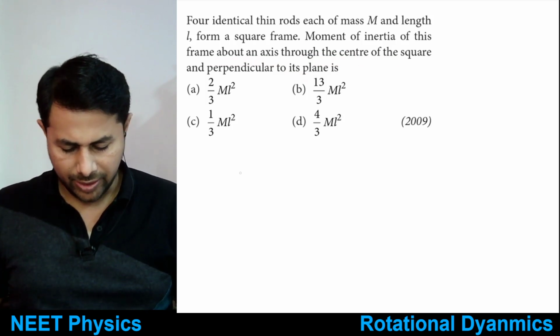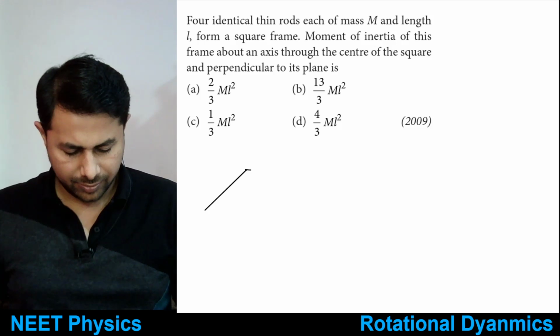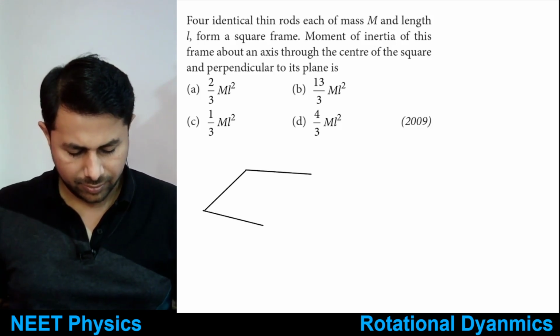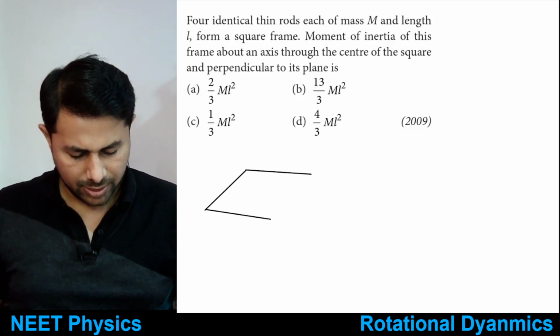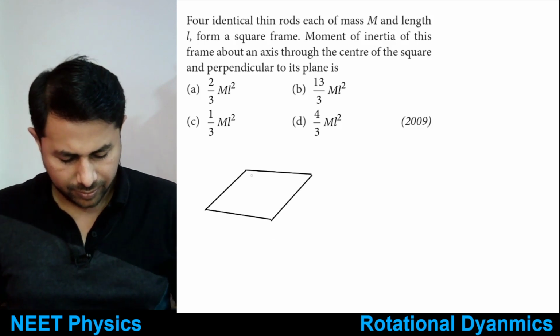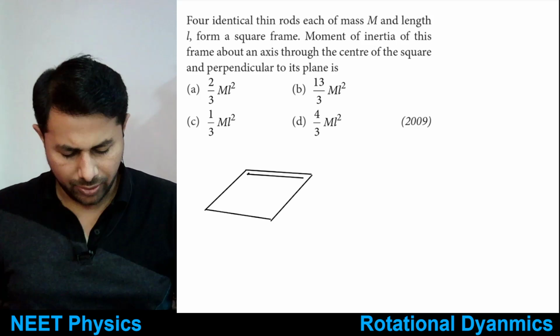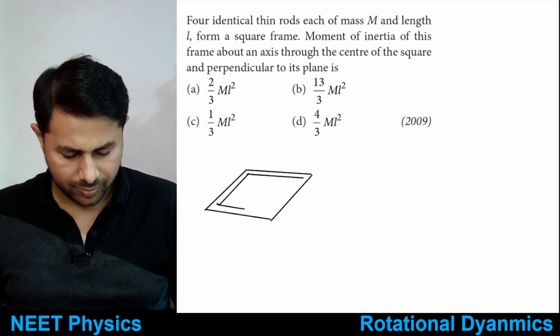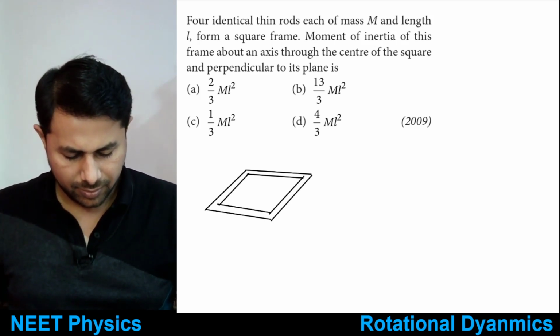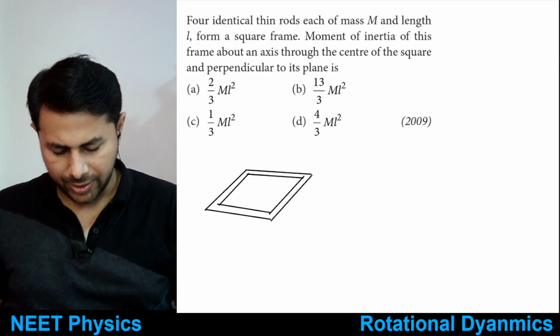So you have a square frame, let's say like this. There are four rods, and you want its moment of inertia about which axis?